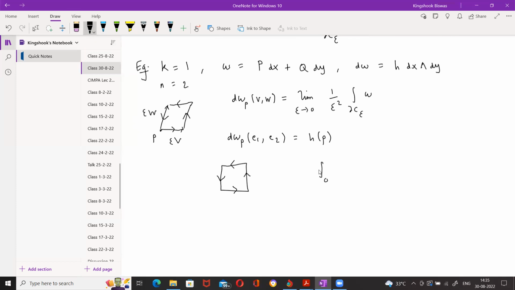Actually, what I'll get after a change of variables is an integral from 0 to epsilon of p of... how should I put it?